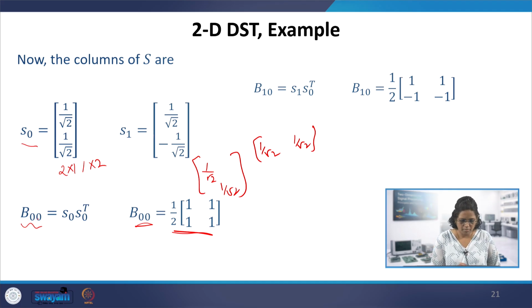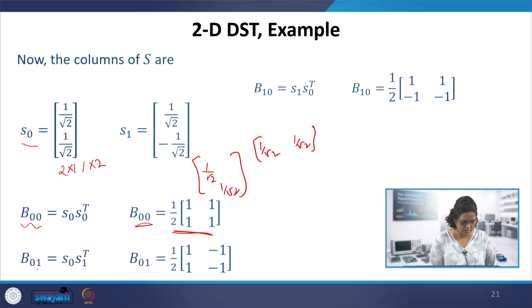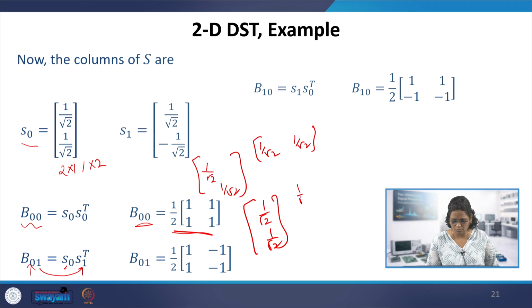If you want the basis image of 0 1, the next one, we take S0 and S1. The first is corresponding to S0 and the second to S1, the 0th column and the first column. So we take S0, that is 1 by root 2 and 1 by root 2, and the S1 transpose, that is 1 by root 2, minus 1 by root 2.